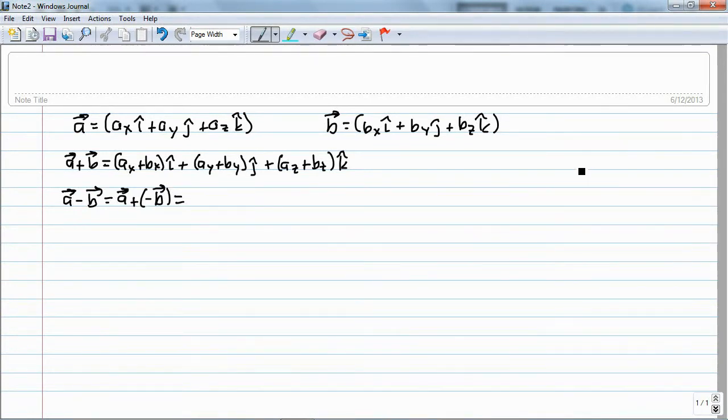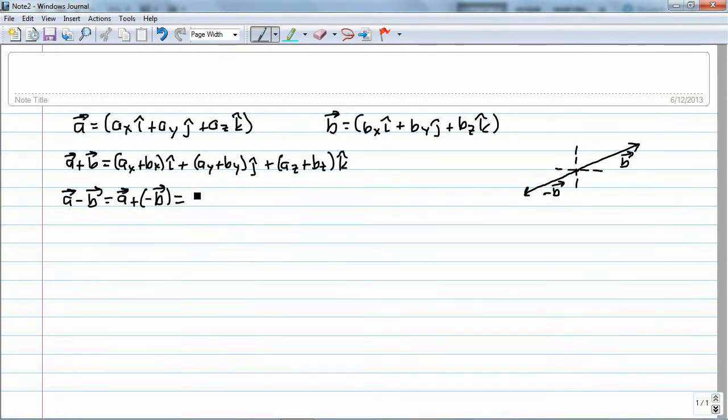Well, if I have a vector in this direction, we'll call this B vector, then its negative is just 180 degrees away from the original. So it's just making a negative of each of the component values.